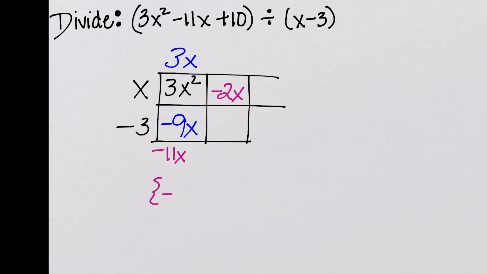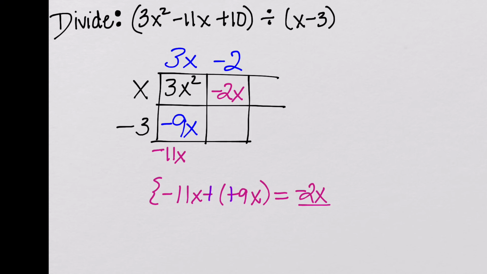Just to remind you, negative 11x minus a negative 9x will be the same as negative 11x plus 9x, which is negative 2x. So now we go back to the box and we figure out what number goes on top. x times negative 2 will make negative 2x.